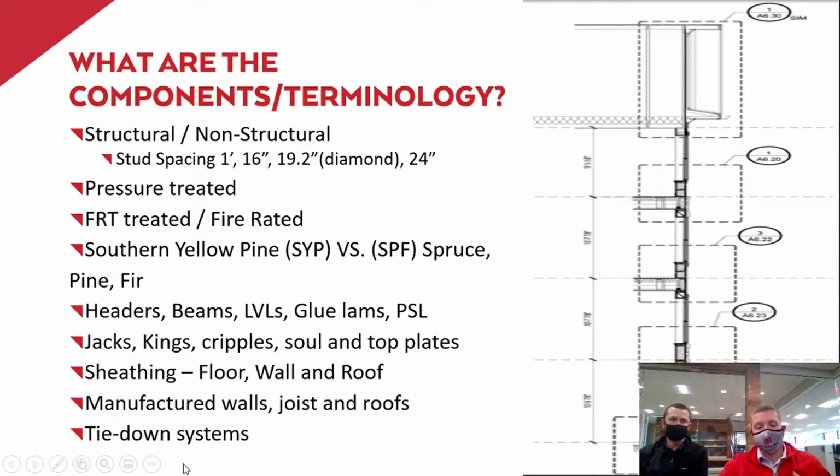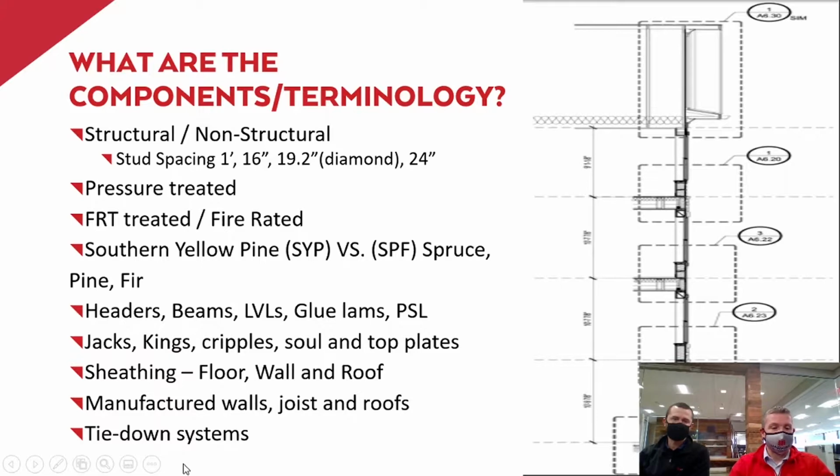So tie-down systems. This is an ever-expanding process that we see here at Harkins. Tie-down systems have been exploding since the early 2000s and are a part of every building at this point. These are generally made by Simpson or United, and they are devices that do exactly what they say they do. They tie the building down to the foundation.